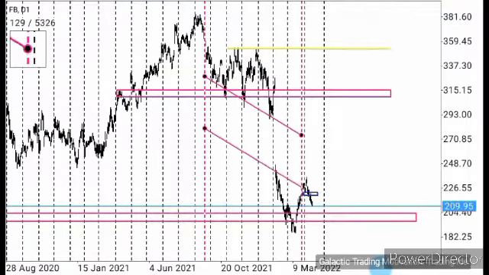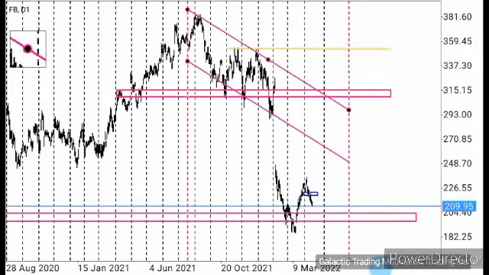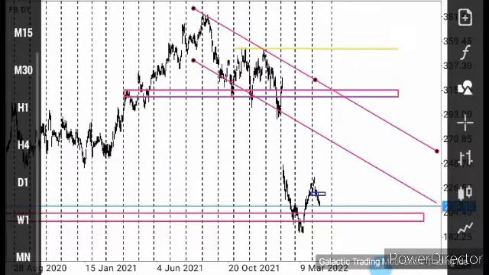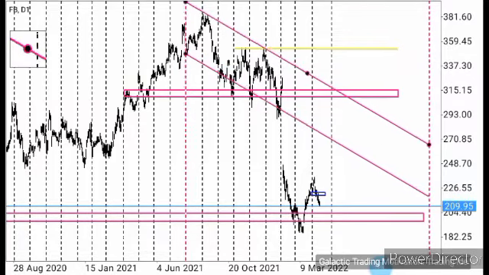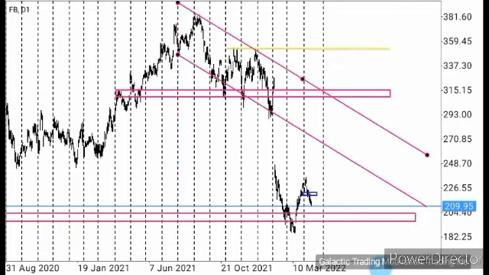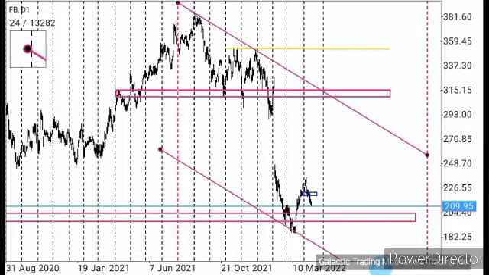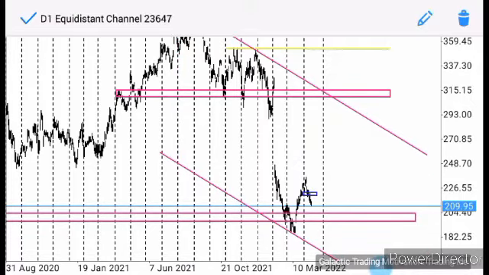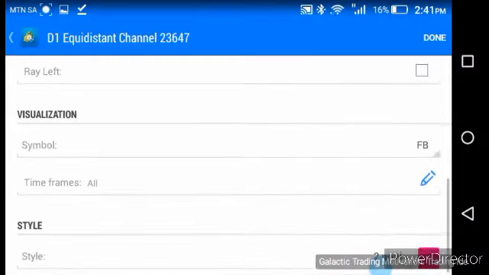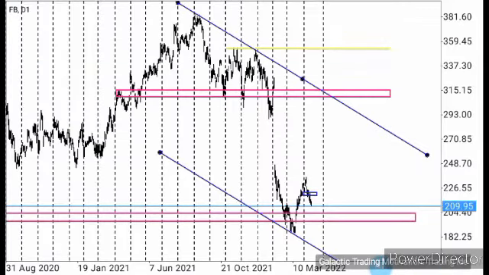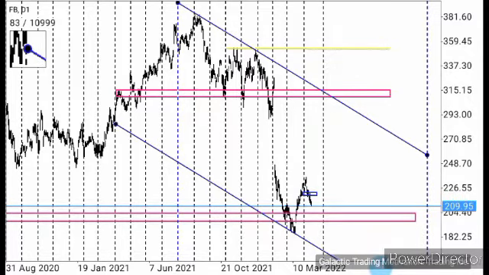We can do this. Remember guys, when it comes to plotting your lines, whatever line it may be, they have to be accurate, just to ensure that at the end of the day your execution also remains accurate. I'm just going to make it a different color. There we go. All right, that's our channel on the daily chart.